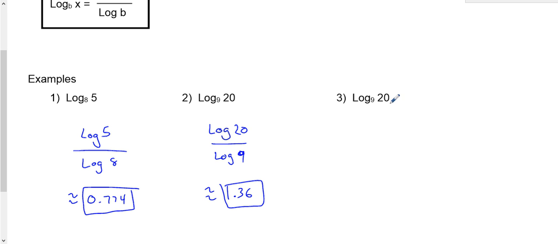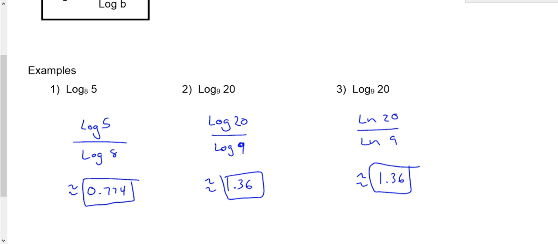And I did the same problem here just to show you that if I did the natural log of 20 over the natural log of 9, I would get the same exact answer. So it doesn't matter if I choose log of 20 over log of 9 or natural log of 20 over natural log of 9. No matter what, I will get 1.36. Okay, so depending on your preference or the situation and how you see it, it's doing the same thing. Okay, and that was a long video of 29 minutes, but we're done.